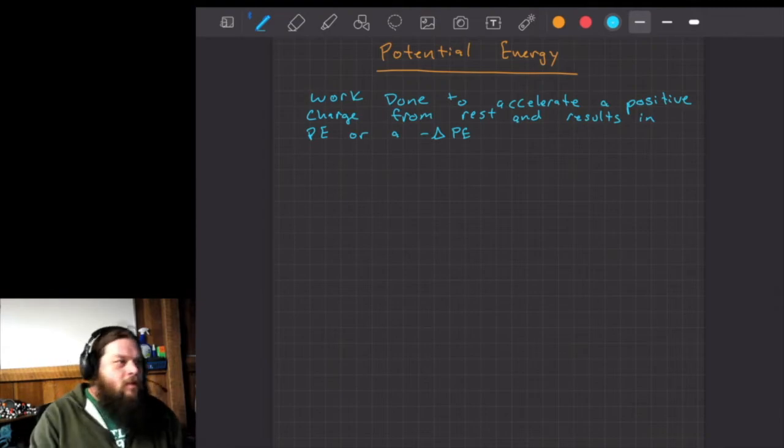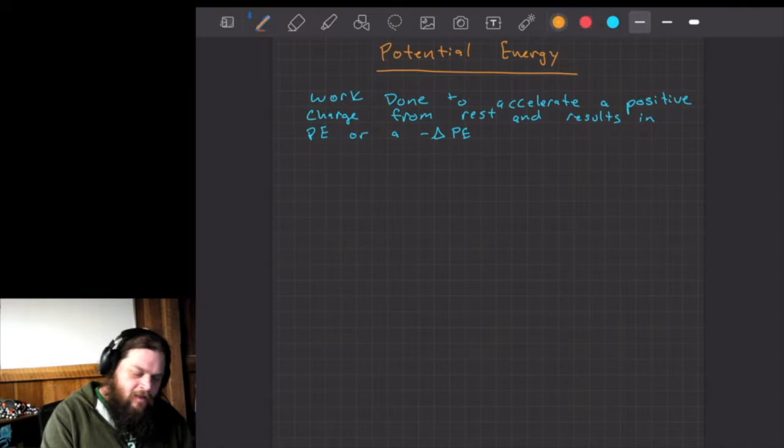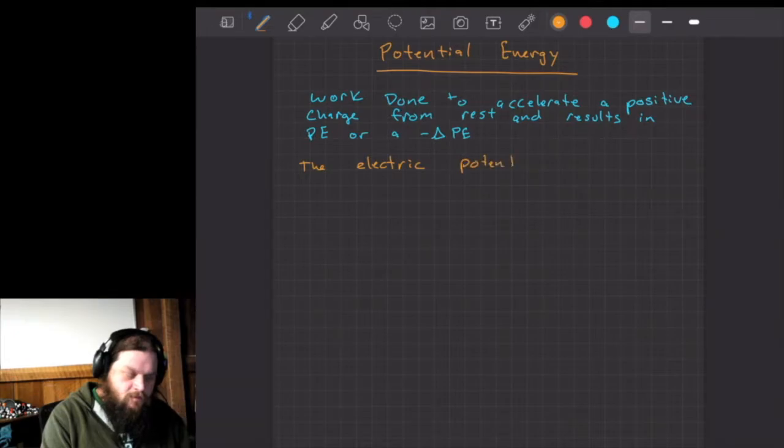As far as whether things are positive or negative, we say that the electric potential energy is positive if both charges are the same sign.